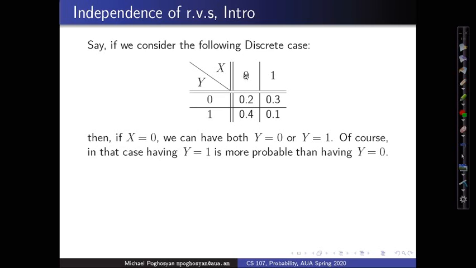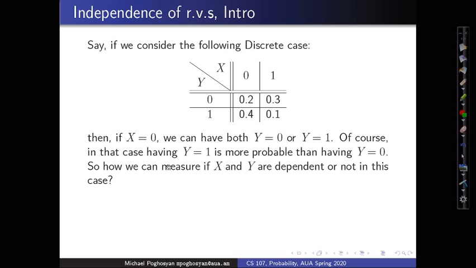So if we know that x is 0, it is possible that y can be 0 or y can be 1. Of course, the probability of having 1 if x is 0 is twice as much as the probability of having 0. So the chances of having 1 versus 0 will be 4 to 2, or 2 to 1.